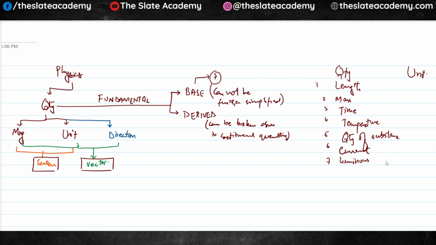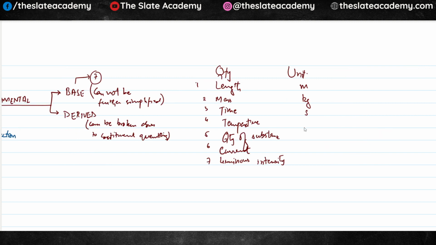So now, sir, the units for these quantities: the length would be measured in meters. That's the standard unit. Mass would be measured in kgs. Time, the SI unit is seconds. Temperature, kelvins.